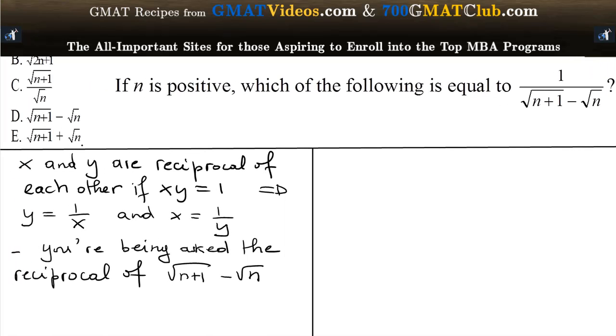Now, you can go ahead, if you want, and look at all these answer choices and multiply each of them by root of n plus 1 minus root of n to see which one is going to give you 1. Whichever gives you 1 should be the answer. And trust me, only one of them should give you 1. But again, it may be a painstaking process. I'm going to save you time and energy.